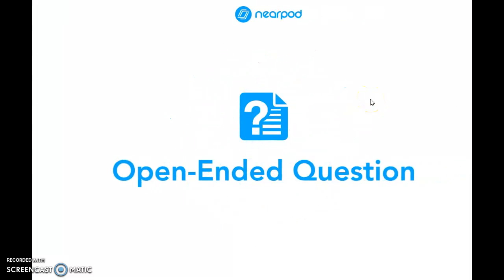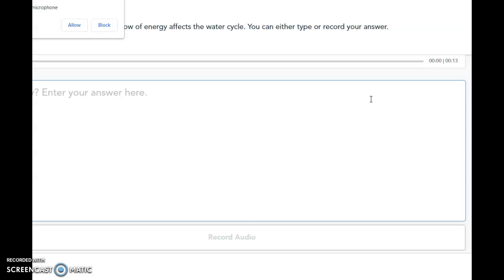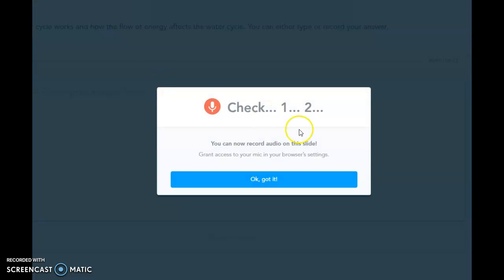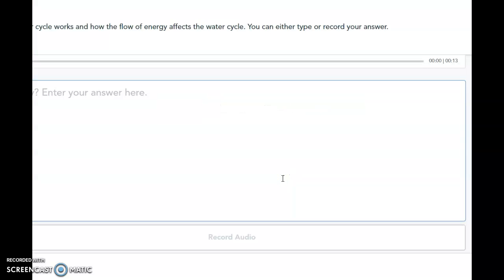And lastly, we have an open-ended question that asks students to explain in their own words how the water cycle works and how the flow of energy affects the water cycle. And they can either type or record their answer.